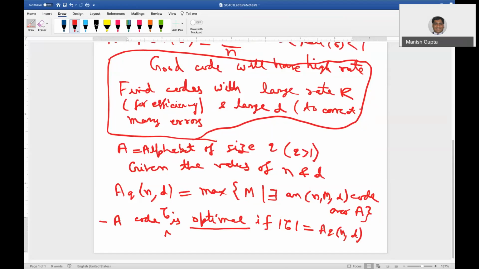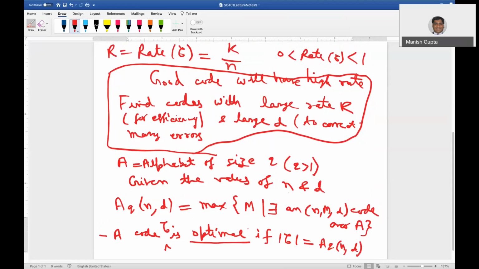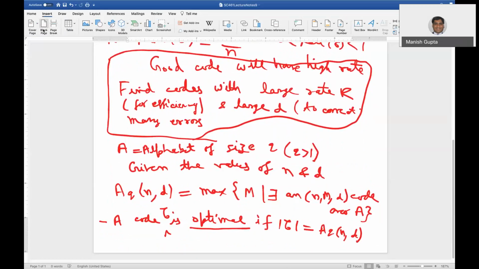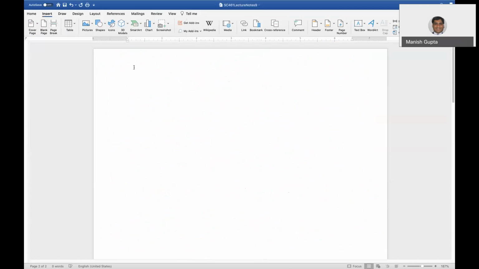As I told you earlier, I will just mention briefly these bounds. The first bound that we obtained was the singleton bound.